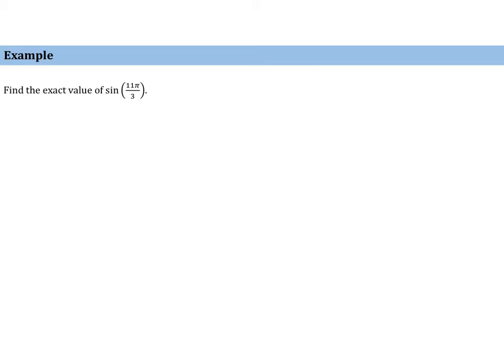Let's look now at 11 pi over 3 and its sine. So what's 11 pi over 3? 11/3 is 3 2/3.